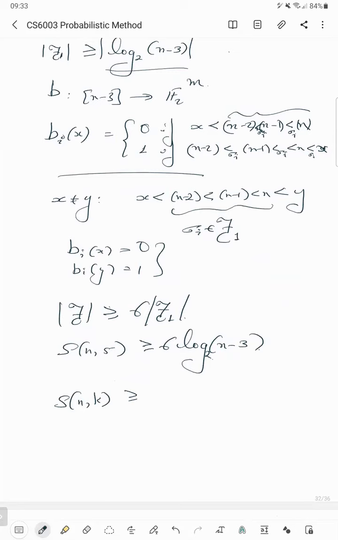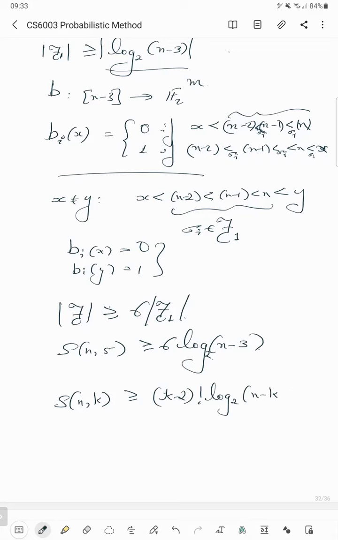n minus 2 factorial. Not n minus 2 factorial, k minus 2 factorial. Correct. So this 6 is nothing but the special guys factorial. The number of special guys is going to be k minus 2, so k minus 2 factorial. And what would be inside of the log? n minus the number of special guys, right?